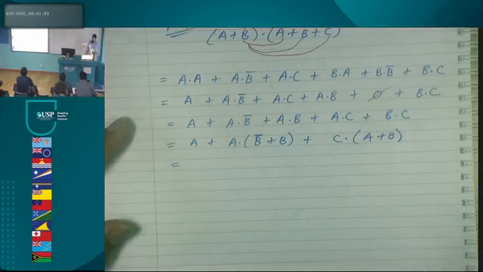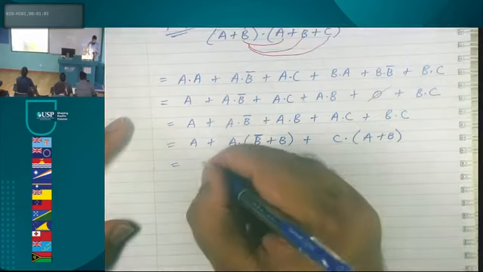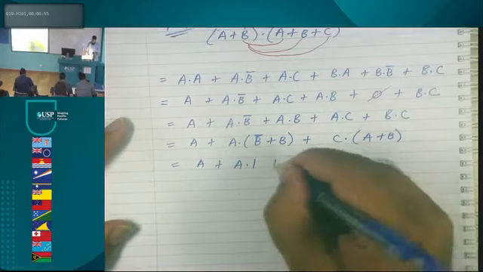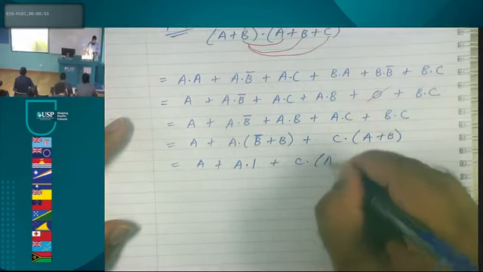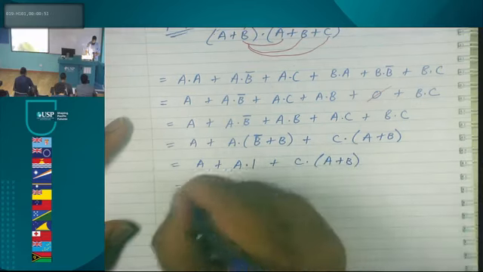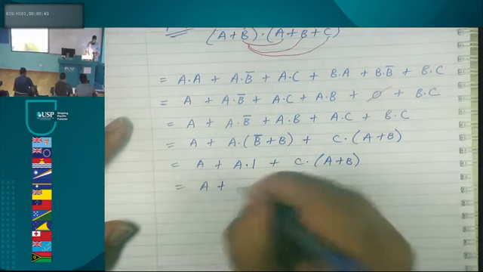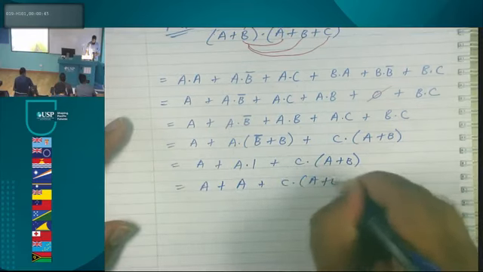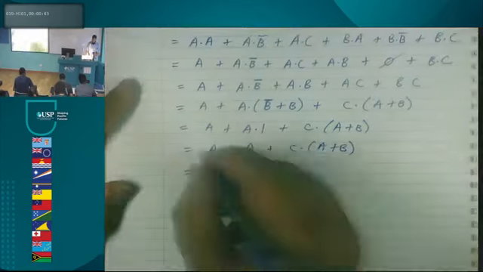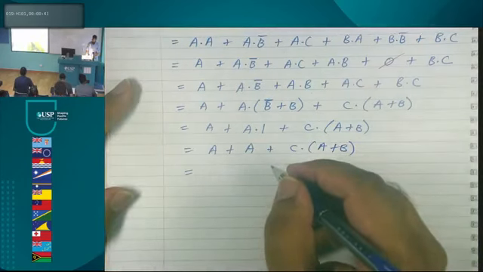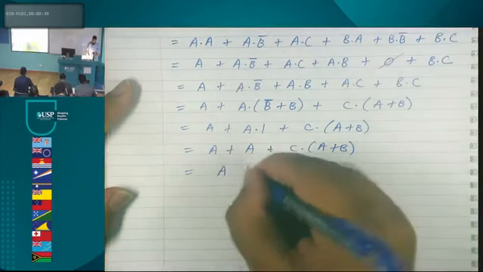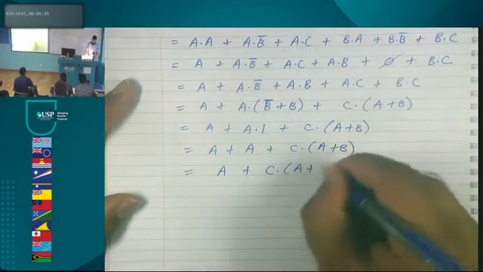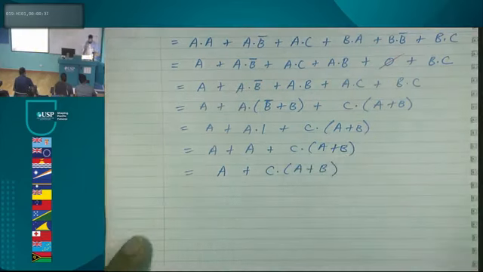Okay, now B or B bar would be 1, right? A and 1 is what? A. A or A is? A. Can be further reduced, guys.